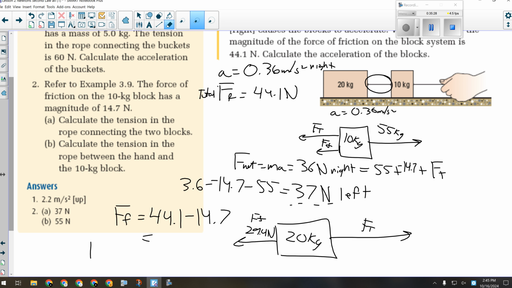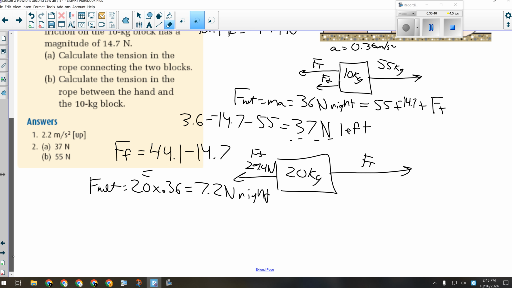Okay, first thing I want to do, calculate the net force. The net force on the 20 kilogram mass is mass times acceleration, 0.36. So I get 7.2 newtons to the right. That's the net force acting on the 20 kilogram mass.